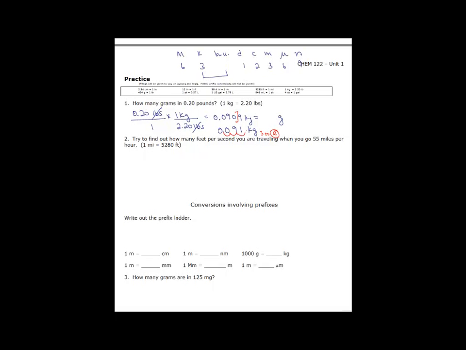So 1, 2, 3, so it's 91 grams. Okay, double check that sig figs are correct. I have 2 sig figs here, 2 sig figs here, grams, and it asks for grams. Another way you could write out this conversion.